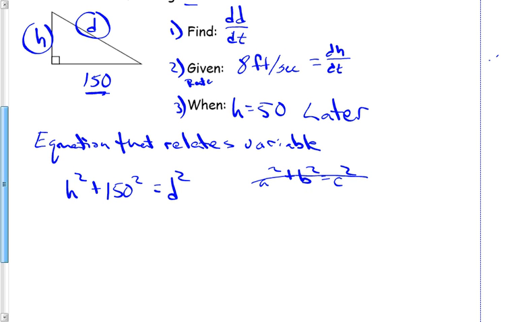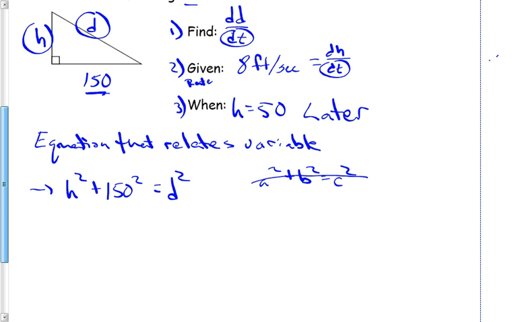Once you have the equation, you are now going to find a derivative. What variable are your rates given with respect to? Time. Do I have time in here yet?